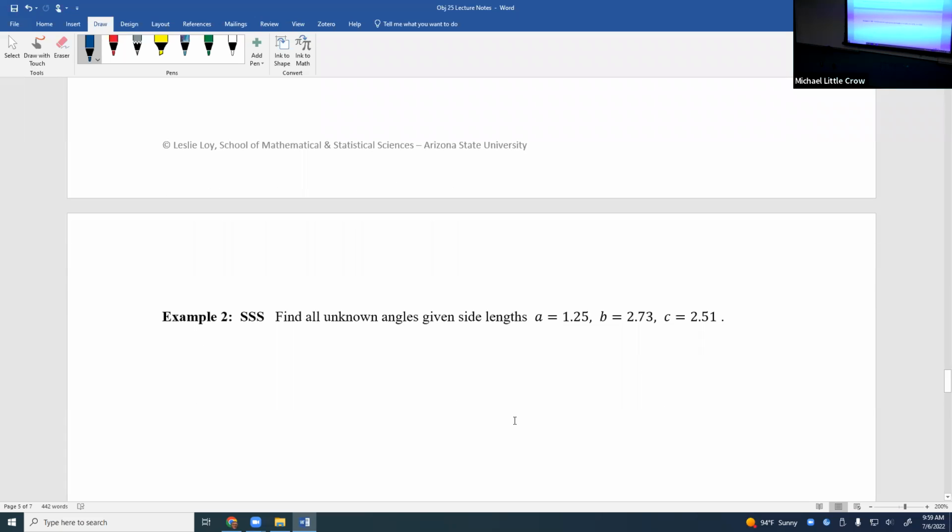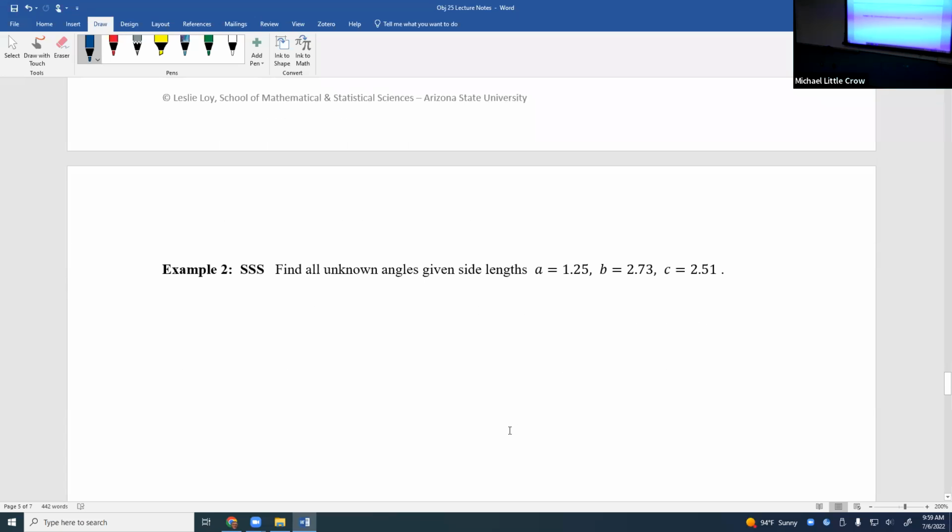Here's a side, side, side. Once we have one of these solved, and this one we will go through, we'll do little a, little b, little c, and angles A, B, and C. You could use any one of them.